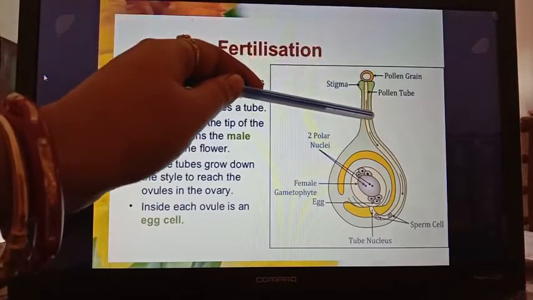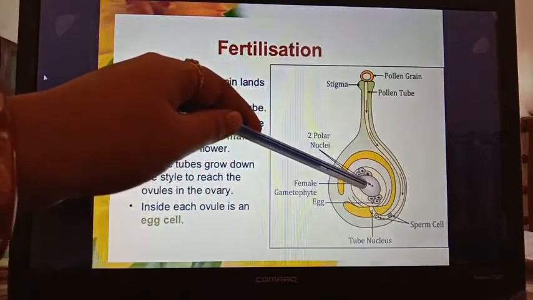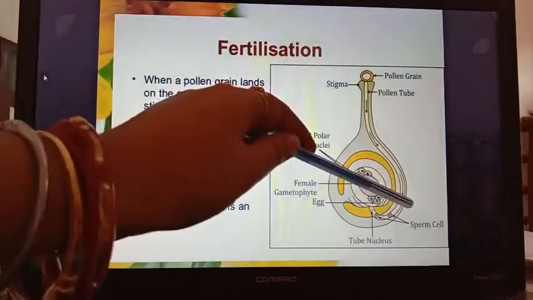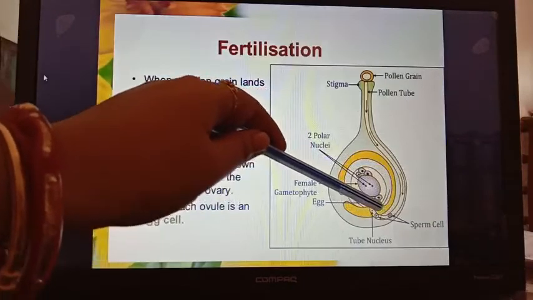You can see here this pollen tube, which mainly carries the sperm cells or the male gametes.